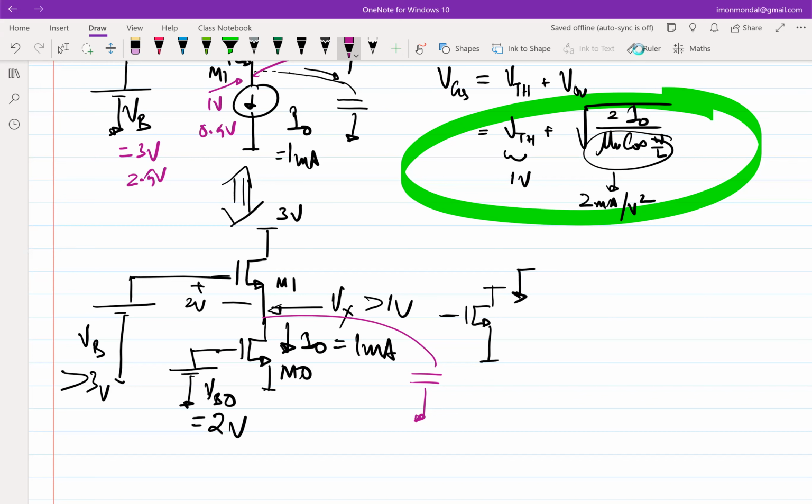Okay, fine. So this configuration is also often called a cascode configuration. And this transistor M1 is called the cascode transistor, which sits on top of M0. We will see later on what is the other implication of this.